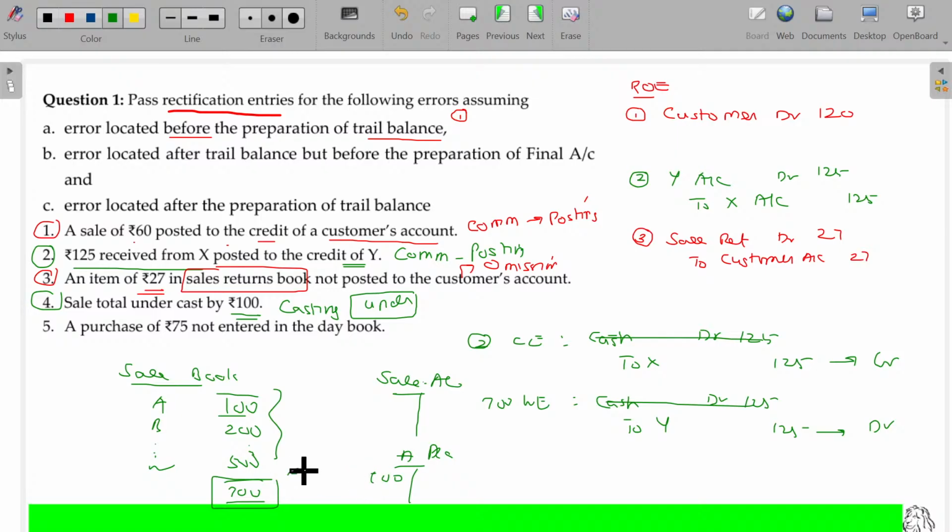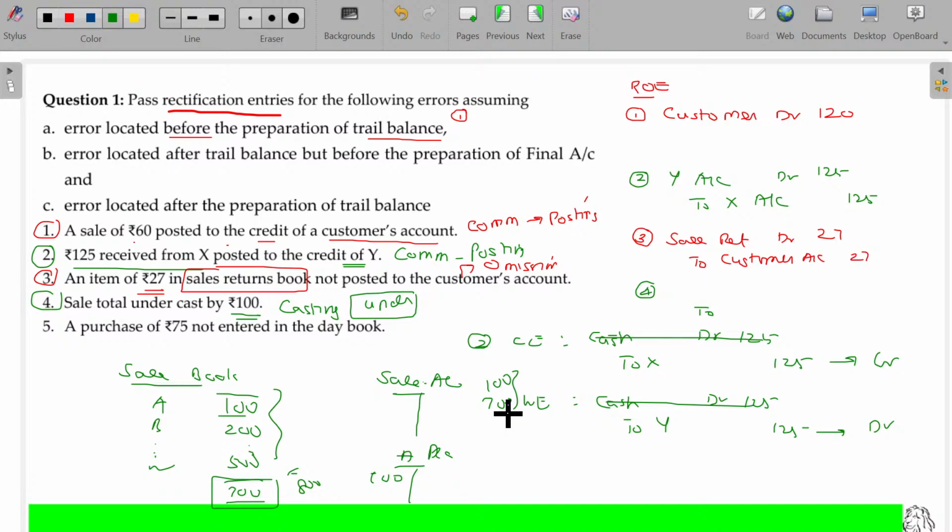But it should be 800. Naturally, here should be 100 excess. So now give 100 rupees excess to sales only. That's all. So fourth one, to sales, we don't pass any entry. It requires no journal entry.